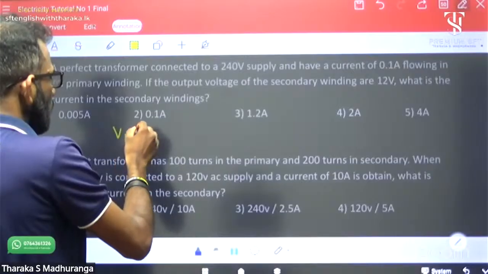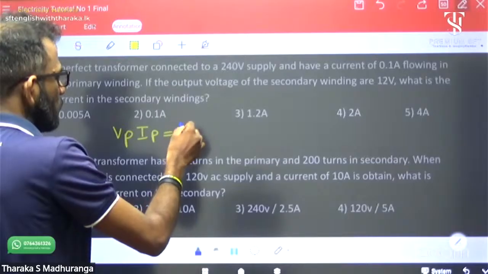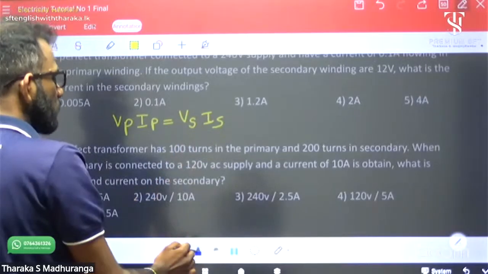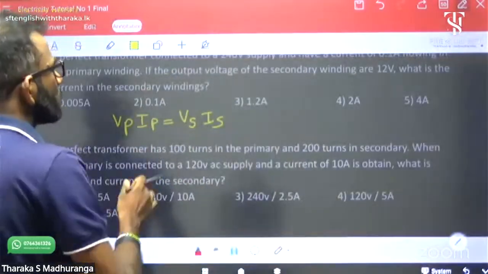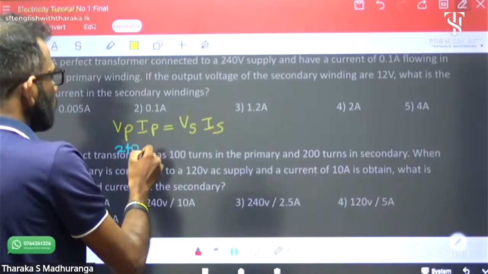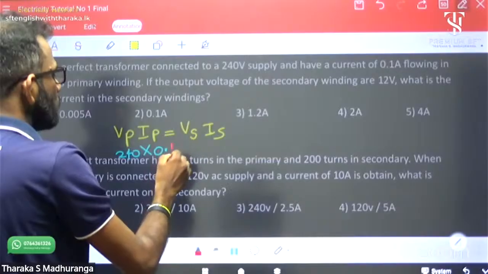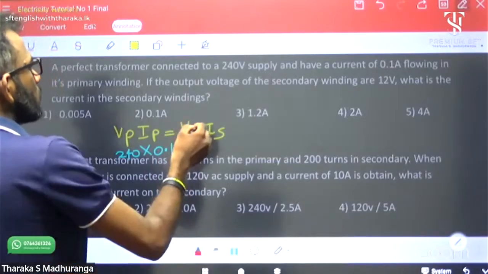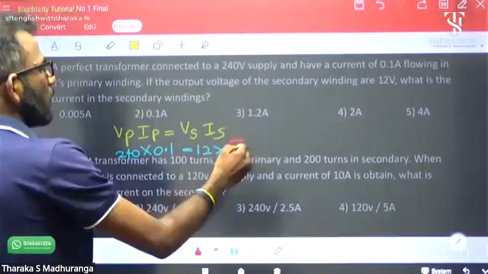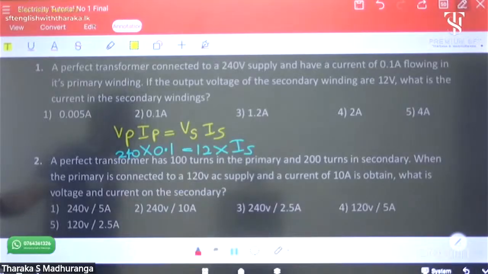Vp Ip equals Vs Is. According to our equation, primary voltage is 240, times the current 0.1, equals the secondary voltage 12, times Is, which we don't know.